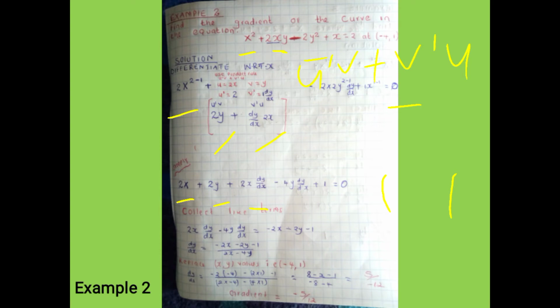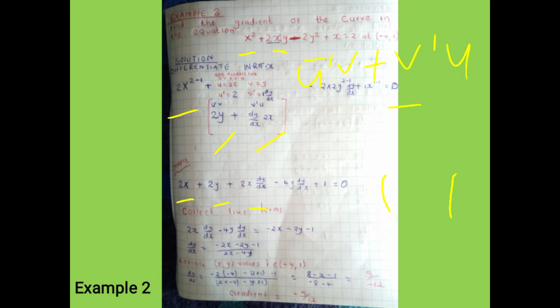So I prefer the dy dx to be on the left side and the constant figures to be on the right hand side. And 2x dy dx minus 4y dy dx is equal to negative 2x minus 2y minus 1.